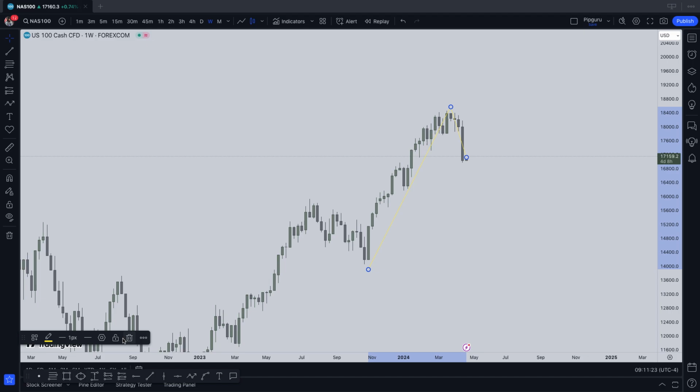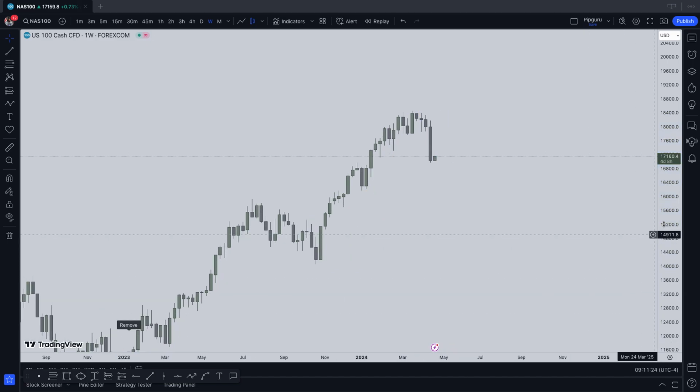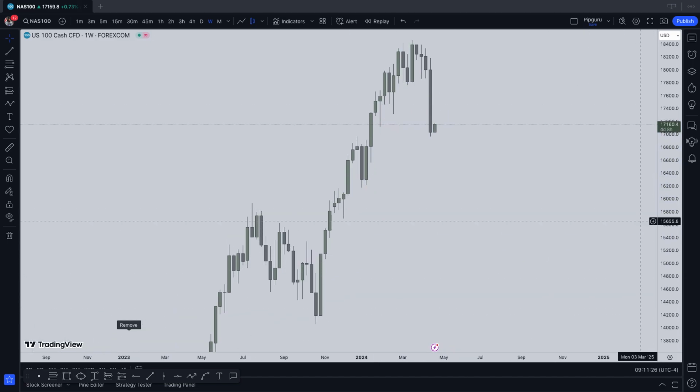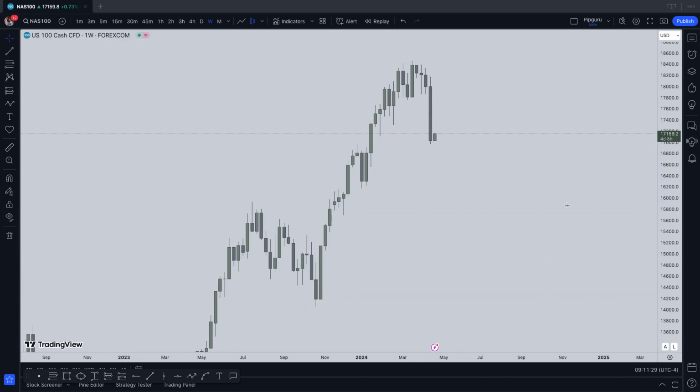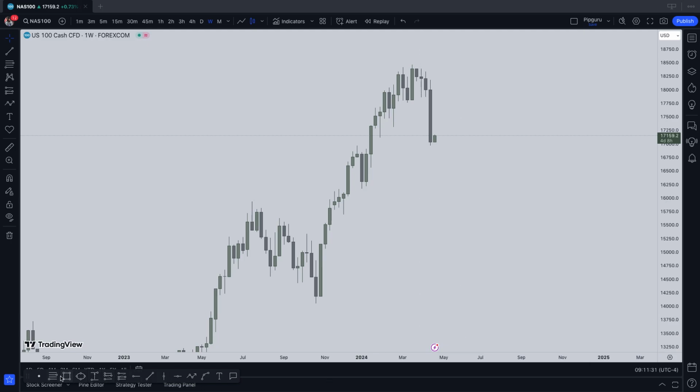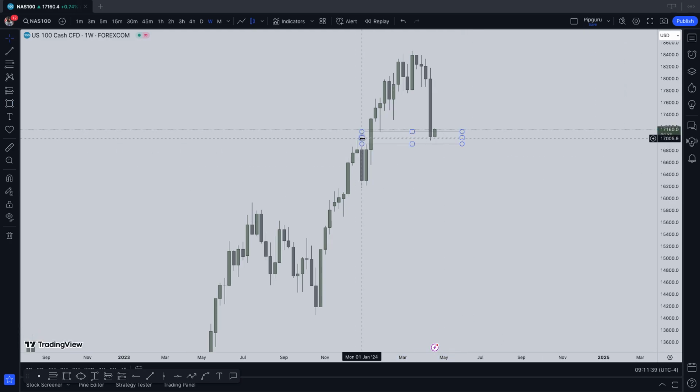But let me see if I can see any targeted levels that we could have a push from on the weekly time frame. So we have this fair value gap right here. Boom. And this is a trick I'm gonna teach you guys.